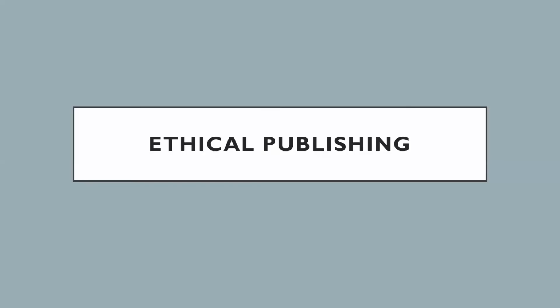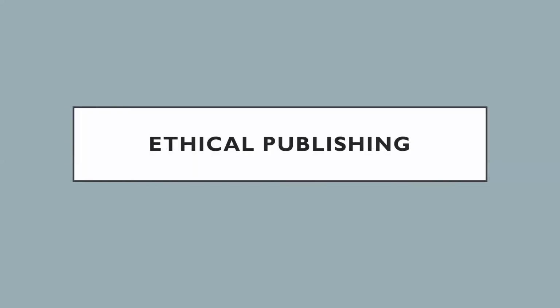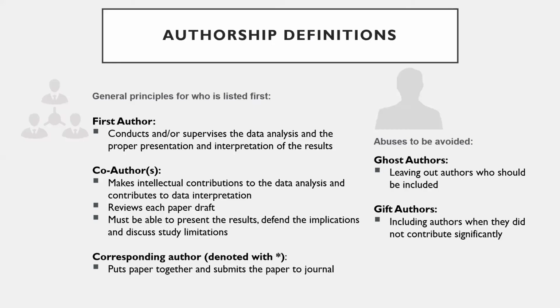All right. Okay. So now let's talk about ethical publication, and this is also a very important step. And as you know, in authorship definitions, there are different authors. There's the first author, and there's the co-author, and there's the corresponding author.